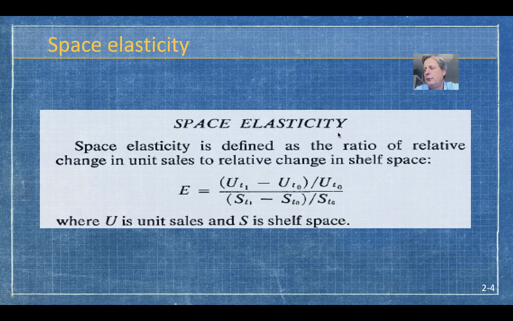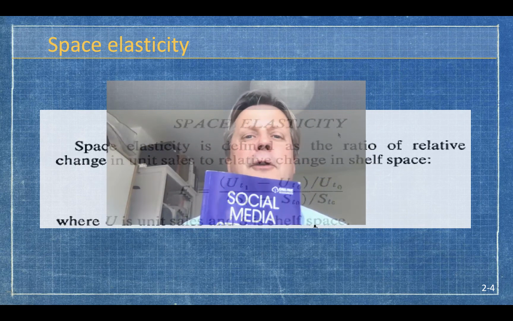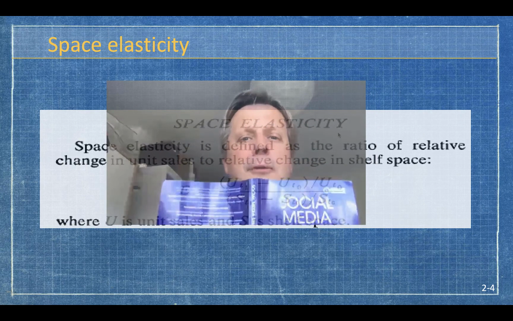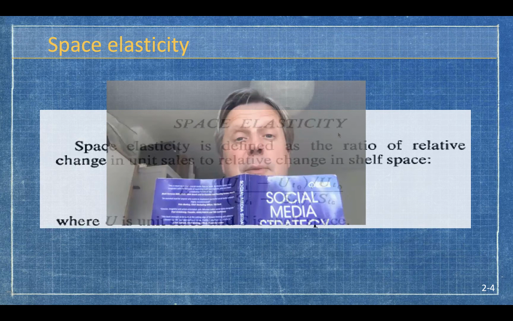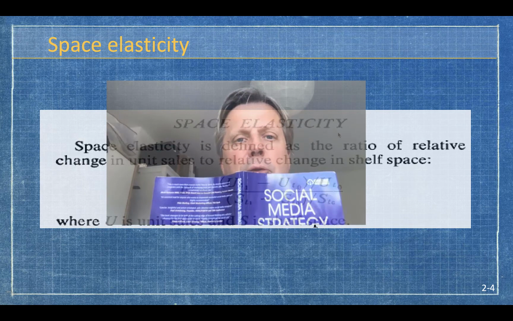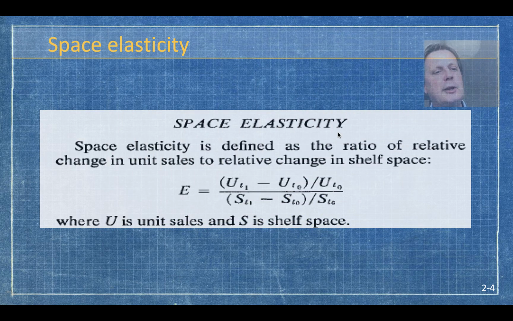So if you have one facing, like this, Julie's book, and you double the visibility of the product, the average increase in sales will be 20%. So the average space elasticity is 20%.